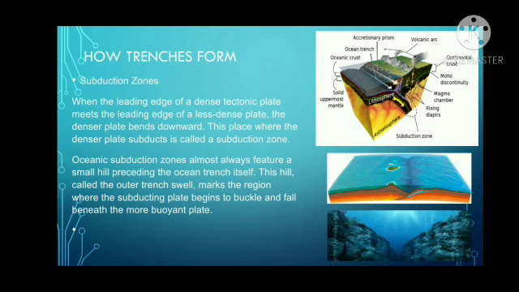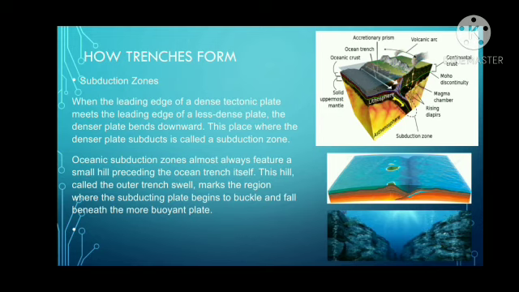In this kind of situation, we are referring to convergent plate movements, wherein compressional stresses occur. The place where the denser plate subducts is called a subduction zone, where one plate moves under the other plate.